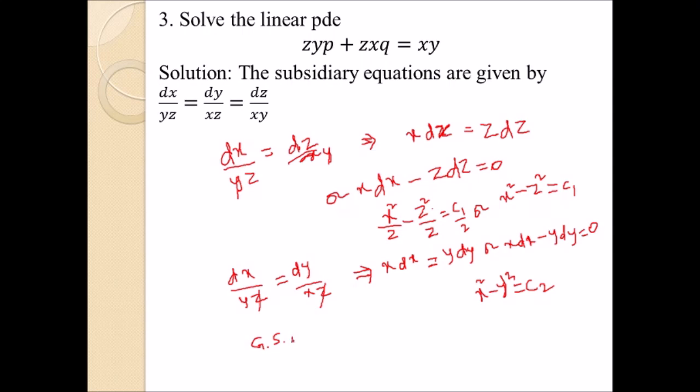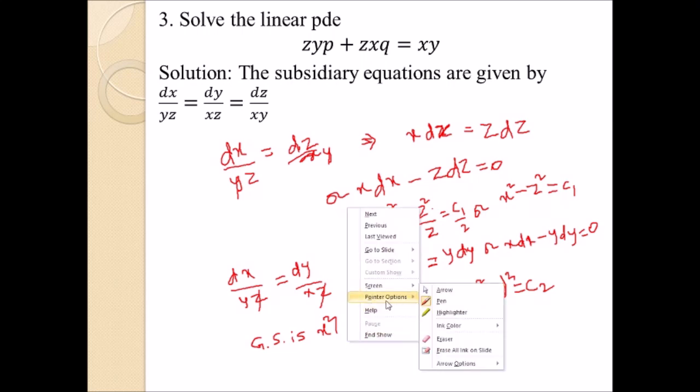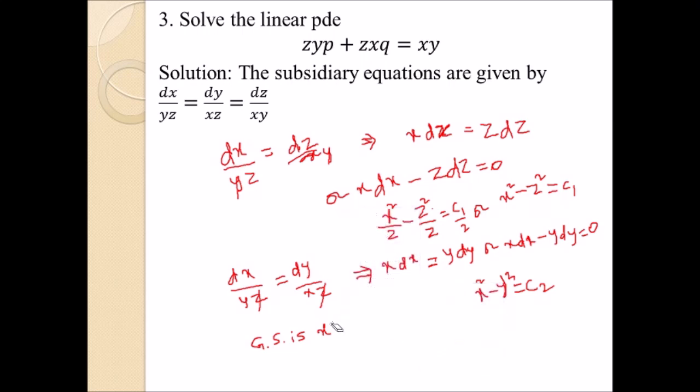The general solution: x square minus z square is some function of x square minus y square.